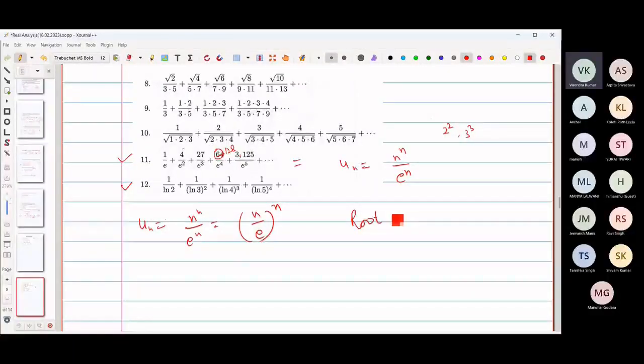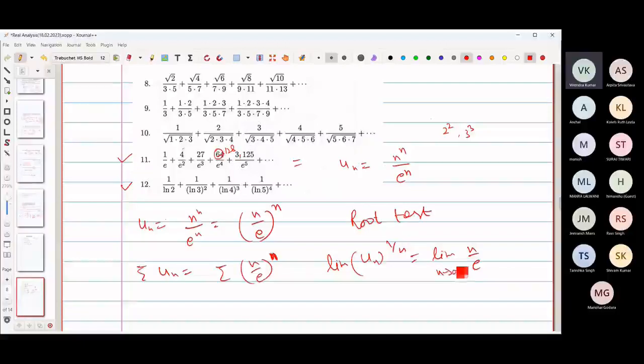I told you, when there is a power coming, you can apply the root test. You can simply say this is un and write it as (n by e) to the power n. So in the root test you take un to the power 1 upon n, and then compute the limit. Raising to the power 1 upon n, we are left with n by e, limit n tends to infinity.